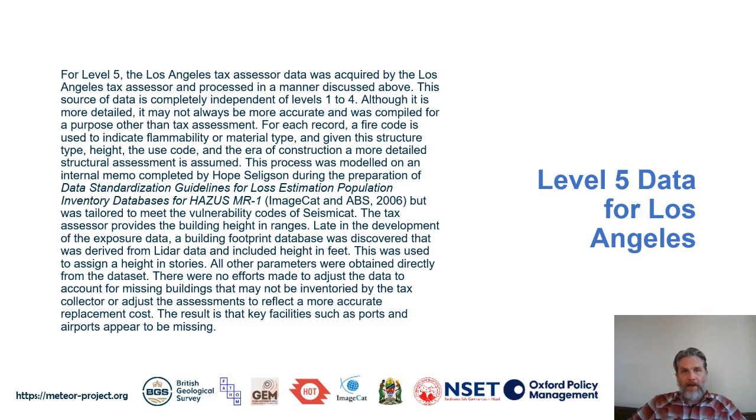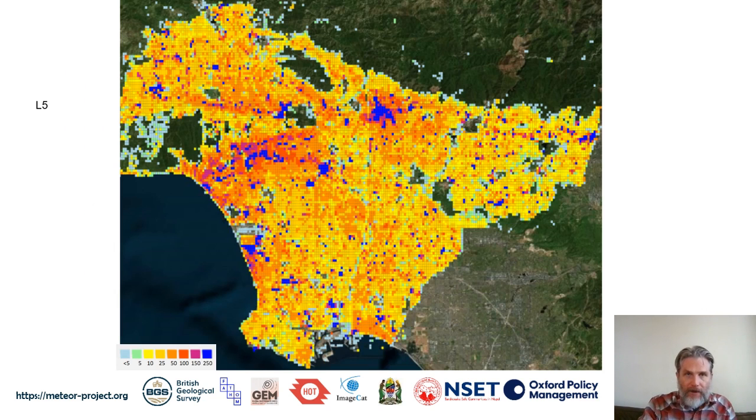Now, Seismicat is very much the way that the vulnerability is dependent on a lot of year of development or year of construction. So we were able to use that data, which was quite useful. When we ran it, we did aggregate to a 500 meter area. And this looks similar to the Microsoft Office level 4 data, but not.